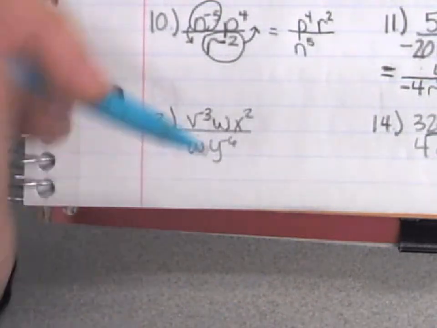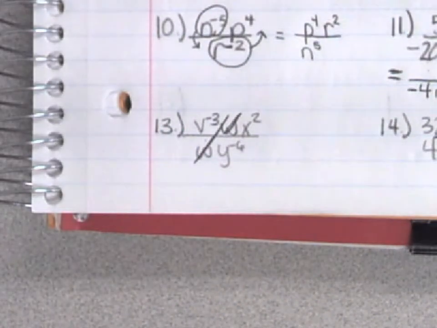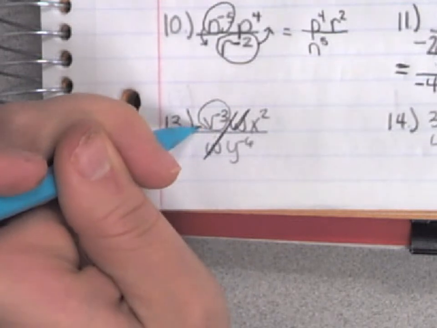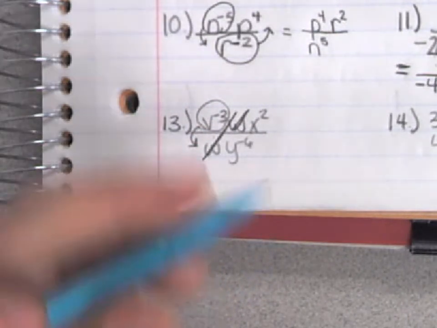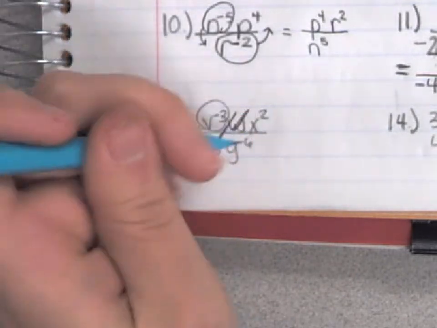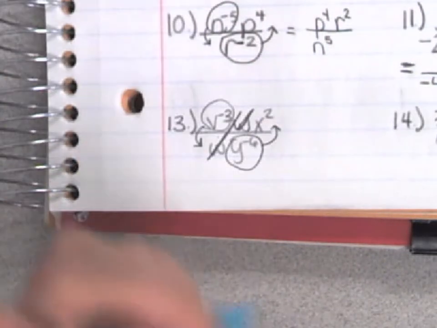The W's would cross out because you have a W on top and a W on the bottom. There's only one of each, so they just cancel out. That's nice. And then can anything else combine together? So what are we going to do with all that stuff? We're just going to say where they go. This v to the negative 3rd, need him to be happy. Going to move him to the other side. What else needs to move to the other side? y to the negative 6. We want him to be happy and positive too, so he's going to go to the top.